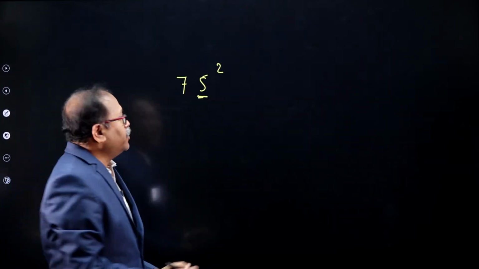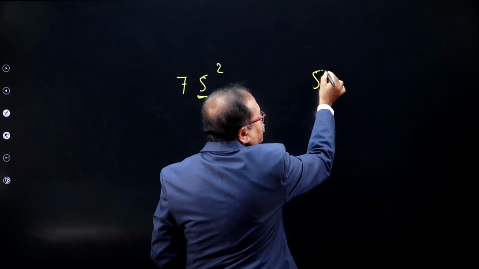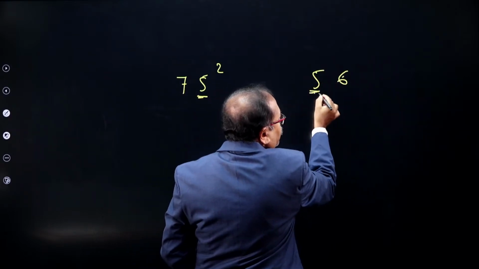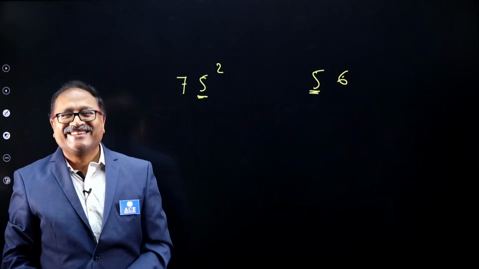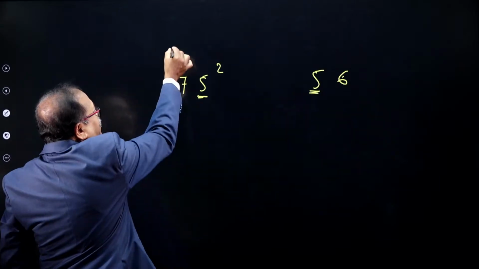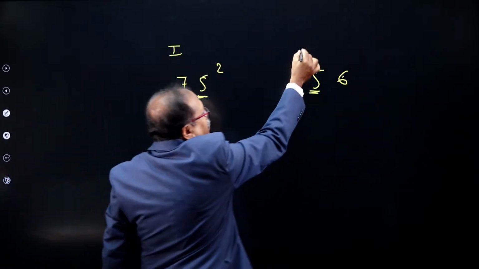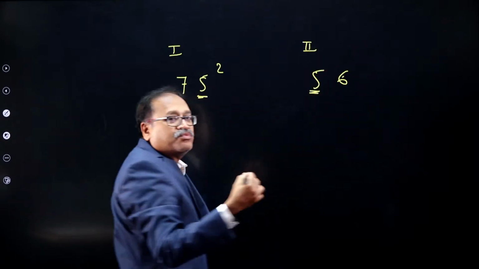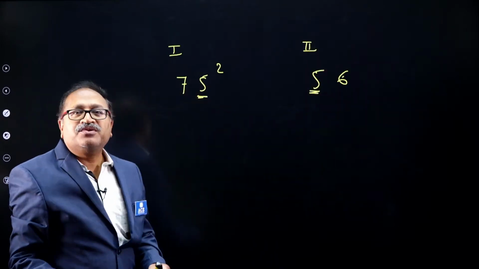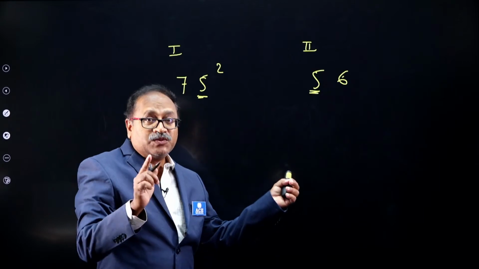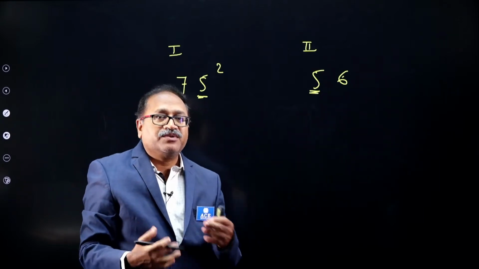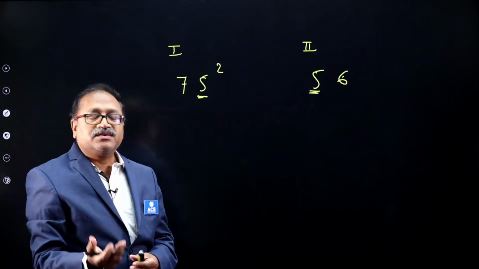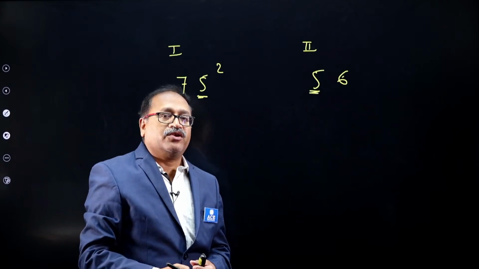A 2-digit number. So the first one, 75 square. As 2 more minutes are left, instead of going to new questions, in Speed Maths I will discuss everything about the short methods of calculation, finding squares, square roots and all.